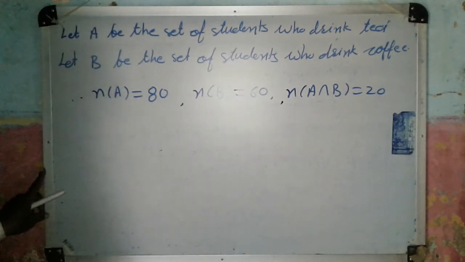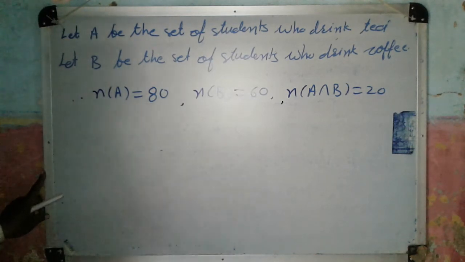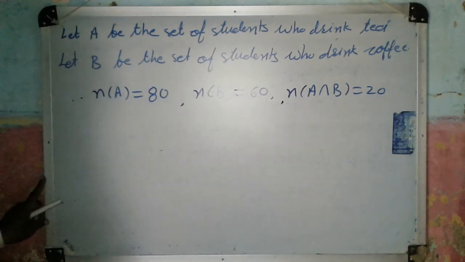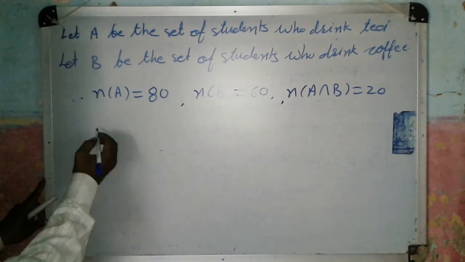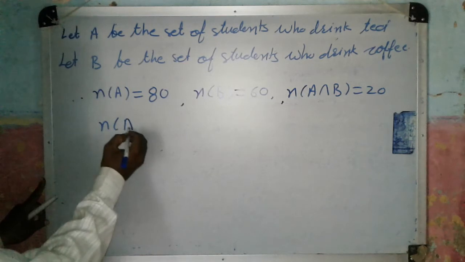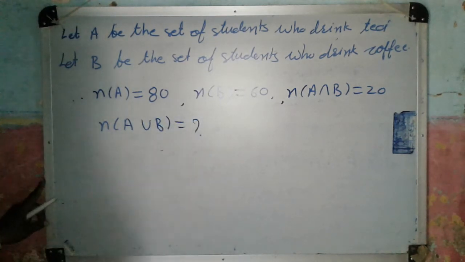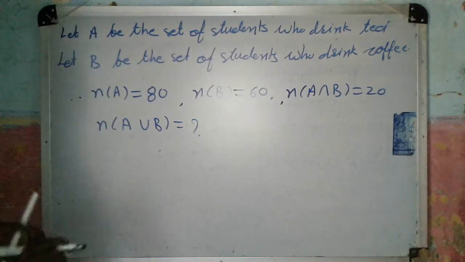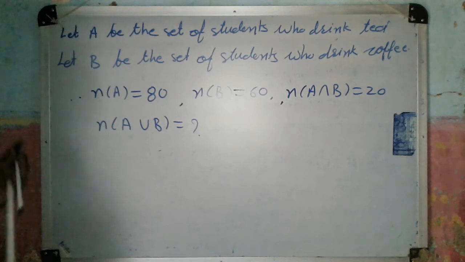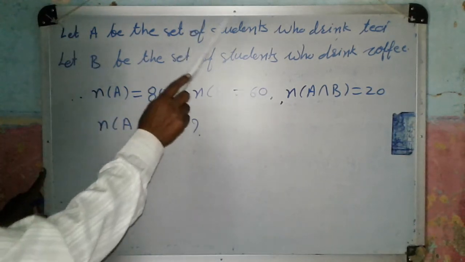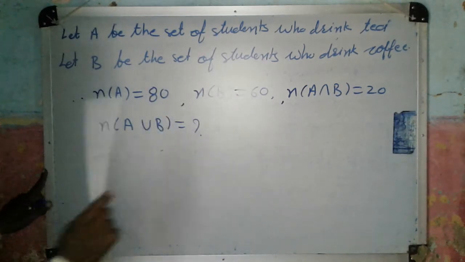So these elements are common in both the sets. Therefore, this set is the intersection of A and B. Now we will find number of A union B. That means we will find the number of students who drink either coffee or tea or both.